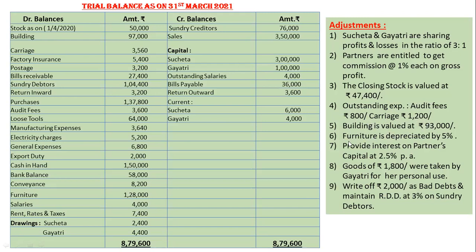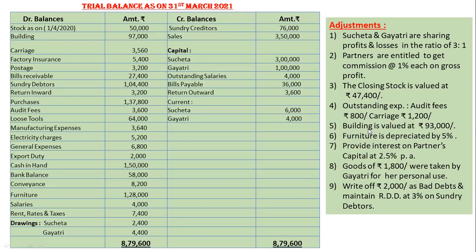Give number 4 to the items of audit fees and carriage in the trial balance. While solving the example, this adjustment shall not be skipped, so numbering is a must. The first effect would be in the profit and loss account debit side by adding it to the particular item, and the second effect will be on the balance sheet liability side.